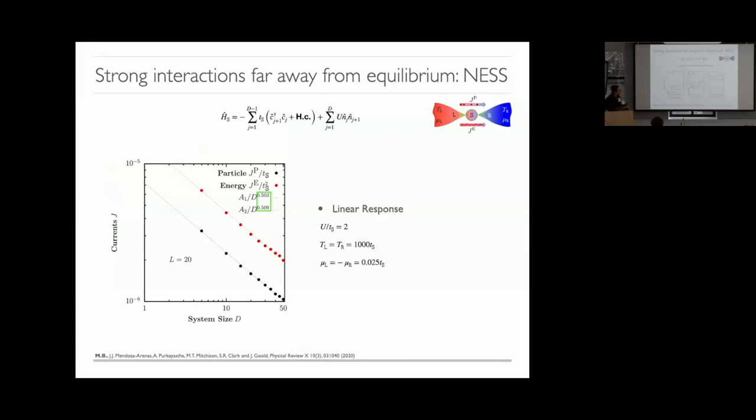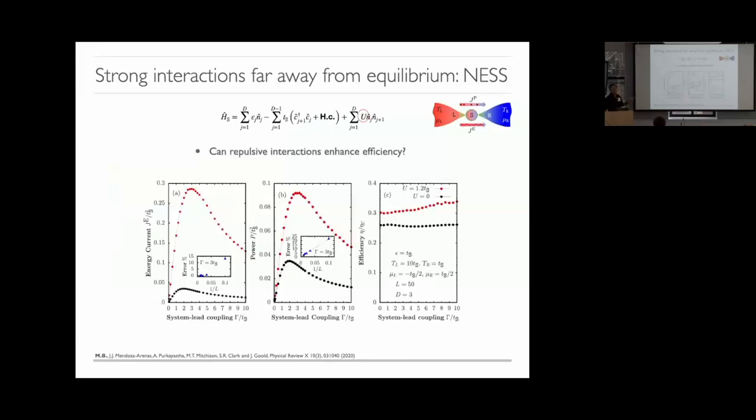Now that we have something new, something we can look at is thermal machines when you have non-quadratic interactions, something that hasn't been explored in the past appropriately. We basically have some model with interacting fermions, the fermions interacting with each other with a certain parameter u.